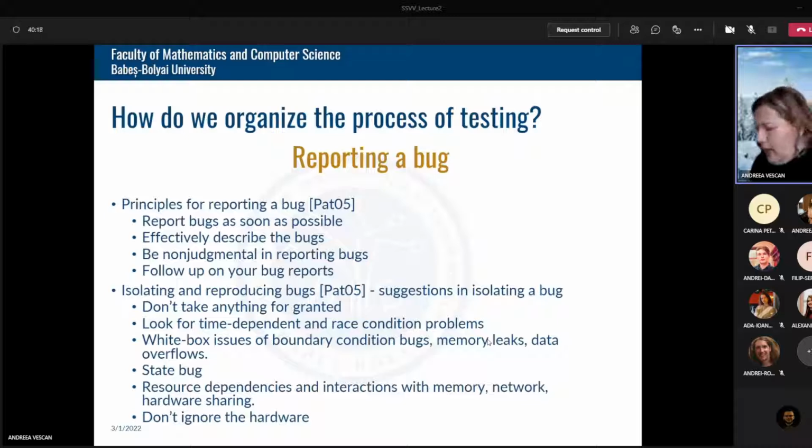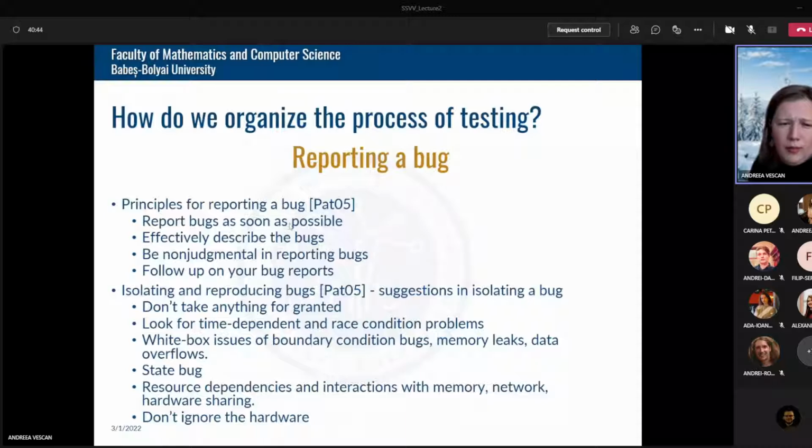Another important issue regarding testing is how you organize the process of testing. In the same vein, we also need to report bugs. If our objective is to find bugs, we also need to be able to identify how to report a bug. There are some principles that you can also read in the book of Peyton.